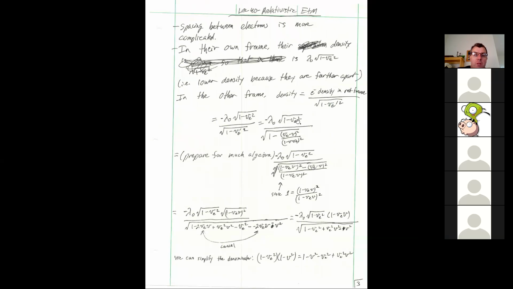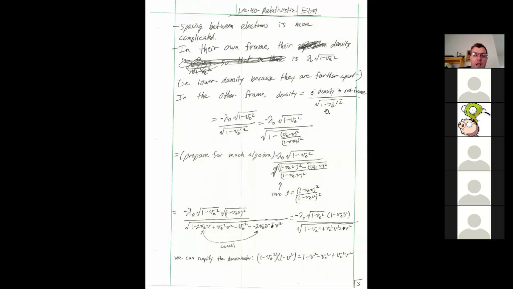All right, spacing between the electrons is more complicated. And in their own frame, they must be pretty far apart. So if they're pretty far apart, their separation is large, their density is low. So in their own frame, not in the lab frame where they're moving, in their own frame, this is their density.